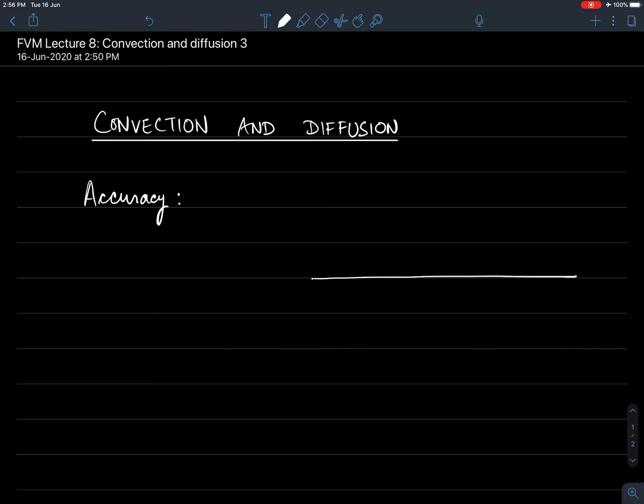Let's say we have a 3-node problem. So let's say we have node W, node P, node E in a domain. For now, let me assume that the distance delta xw is the same as delta xe, to make a point.